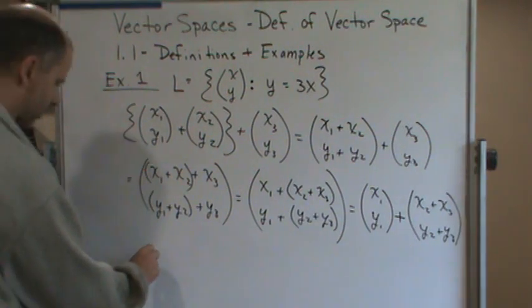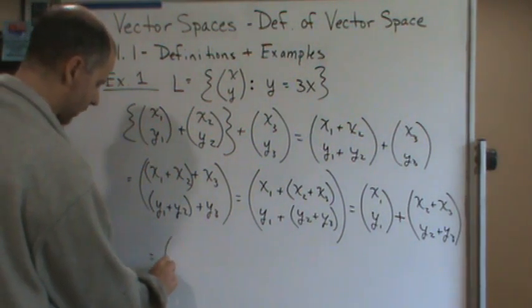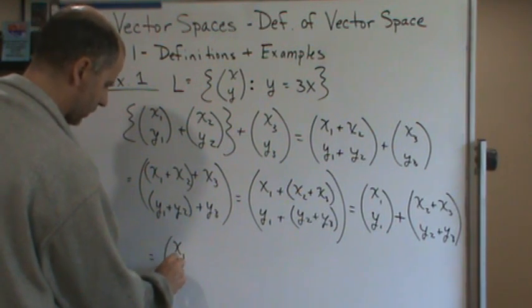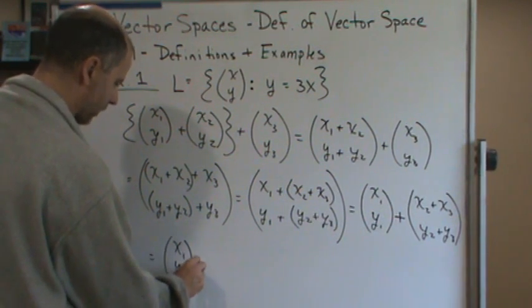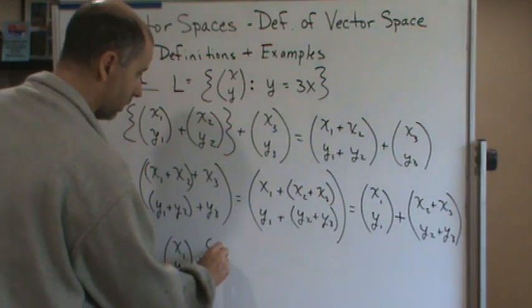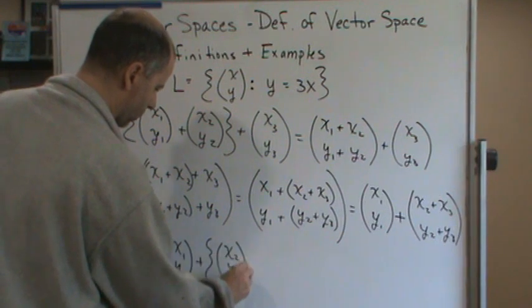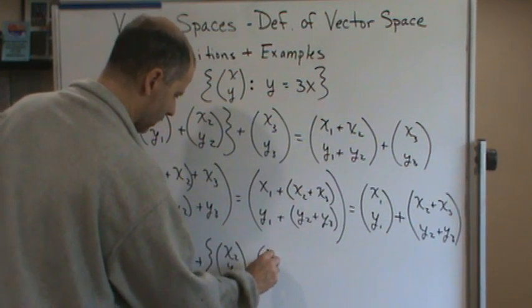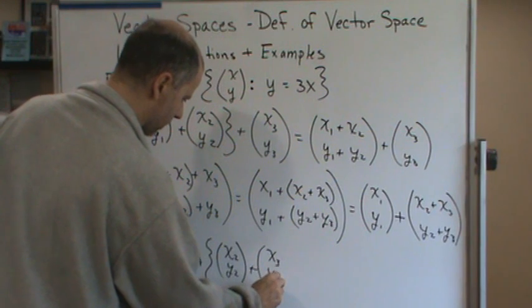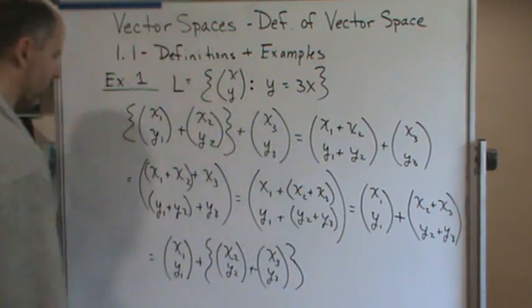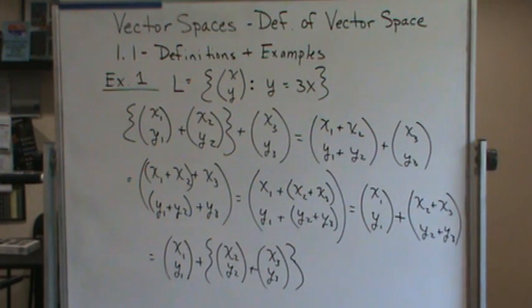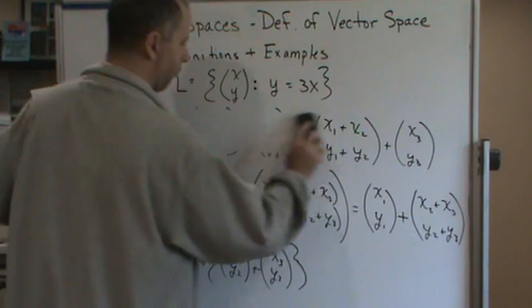And of course I can then write it as (x1, y1) plus (x2, y2) plus (x3, y3). And there you go. So that's condition 3.